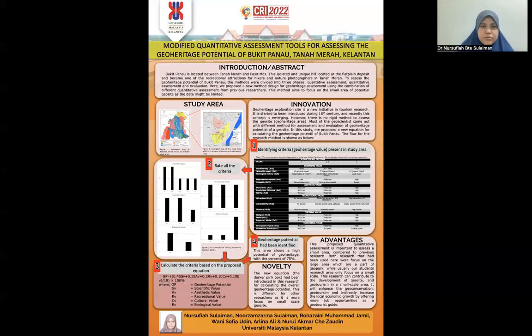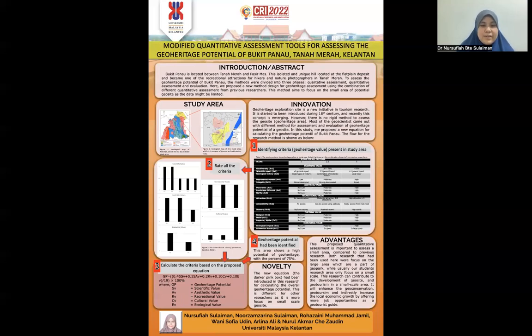I forgot to put the ranking that we used, where the low ranking of geoheritage potential is lower than 25%, 26 to 74 is moderate, and high is more than 75%.